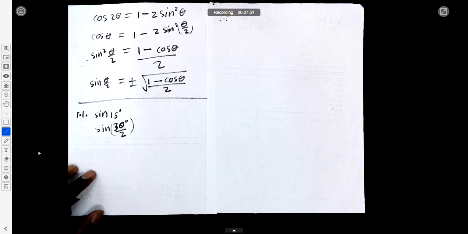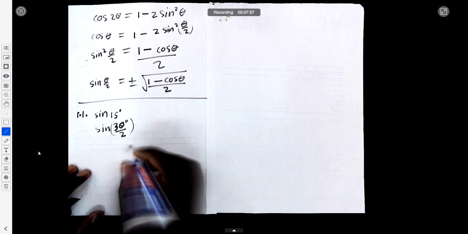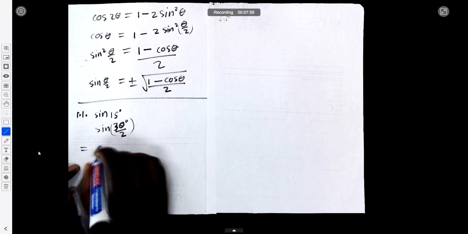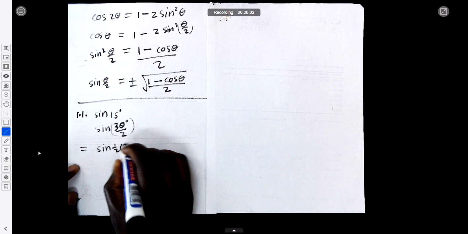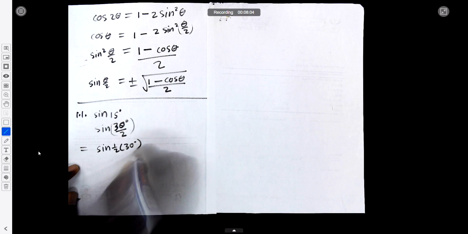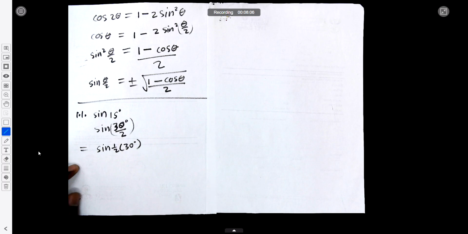It still gives us 15 degrees. So please express it in this way: I have half of theta. Theta is 30 degrees, the angle that we have halved.